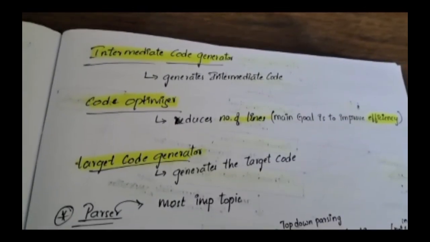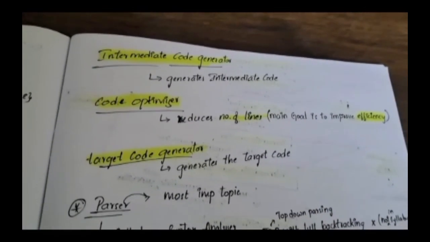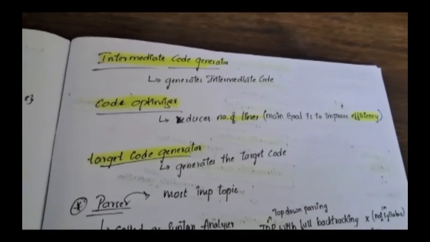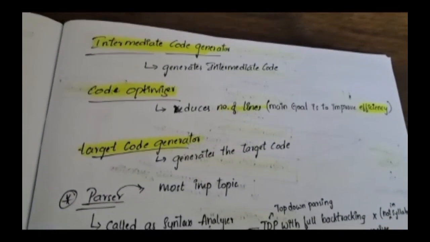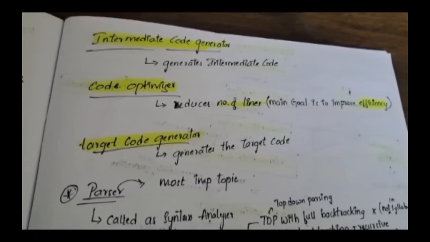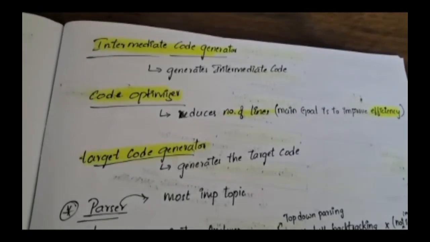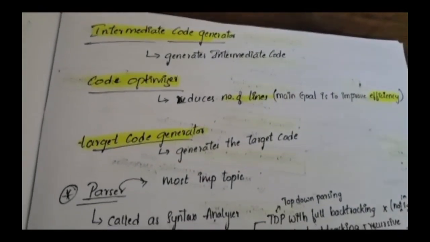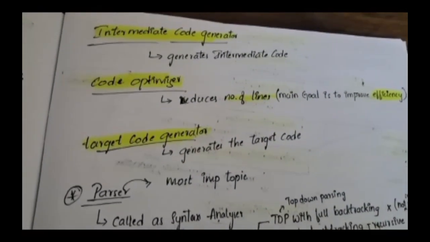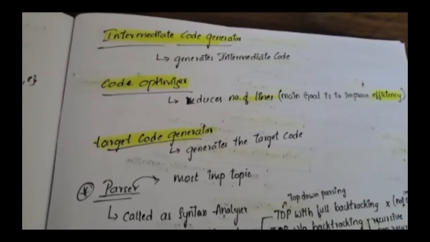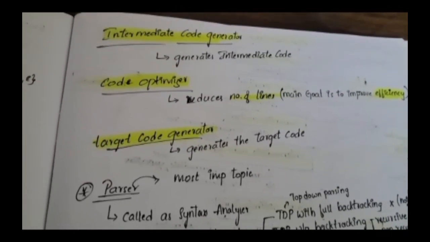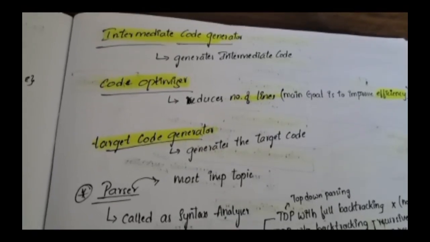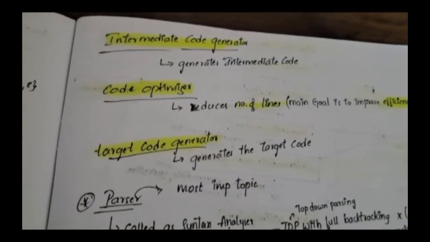But if you have a code of 5 or 6 lines, then it will take less time, right? If the time is less, then your efficiency is more. That's what the code optimizer actually does. Instead of repeating some lines repeatedly, it will reduce them.